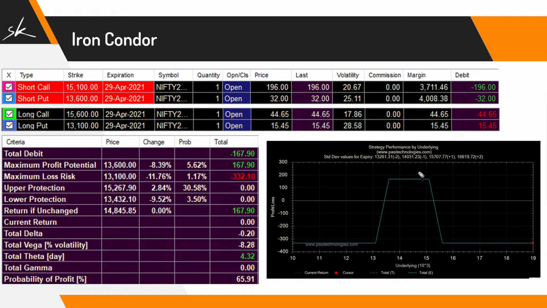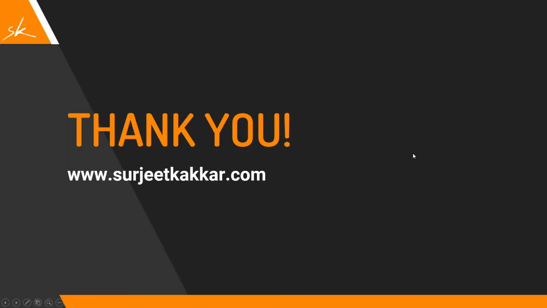So now we just converted a short strangle into an iron condor by adding the offset units, and this is what an iron condor is all about. That is what I was talking about last time. It's not anything different from what we were doing. It's just that we are now adding some offset units to convert the unlimited risk characteristic into a limited risk characteristic.